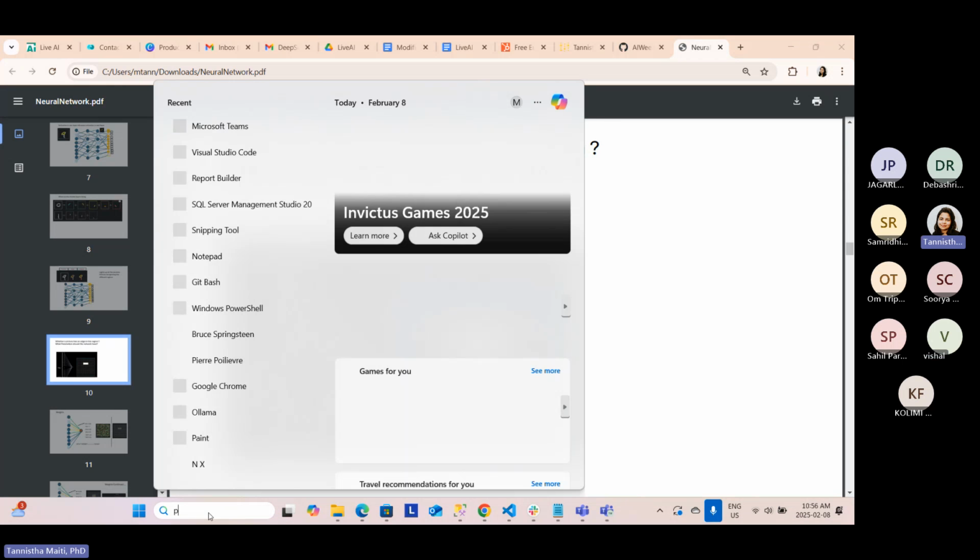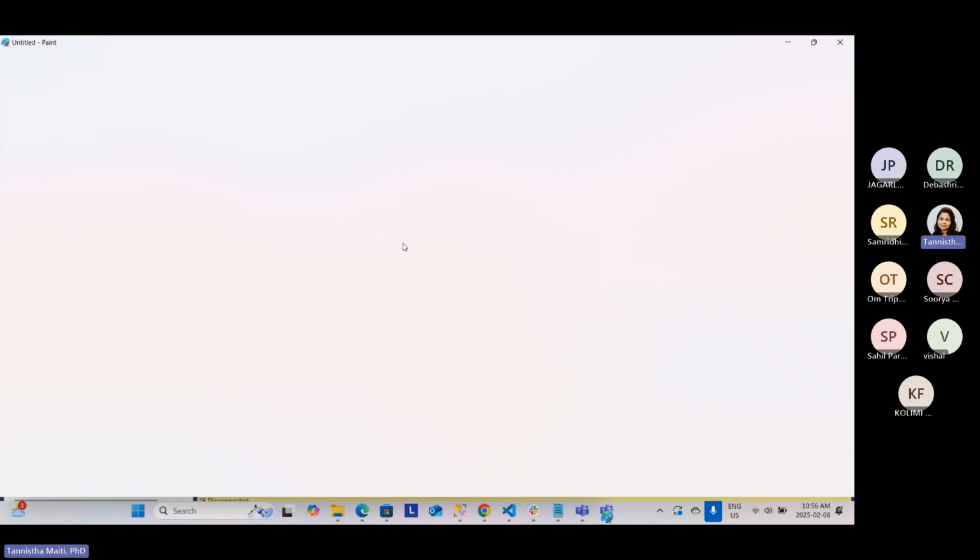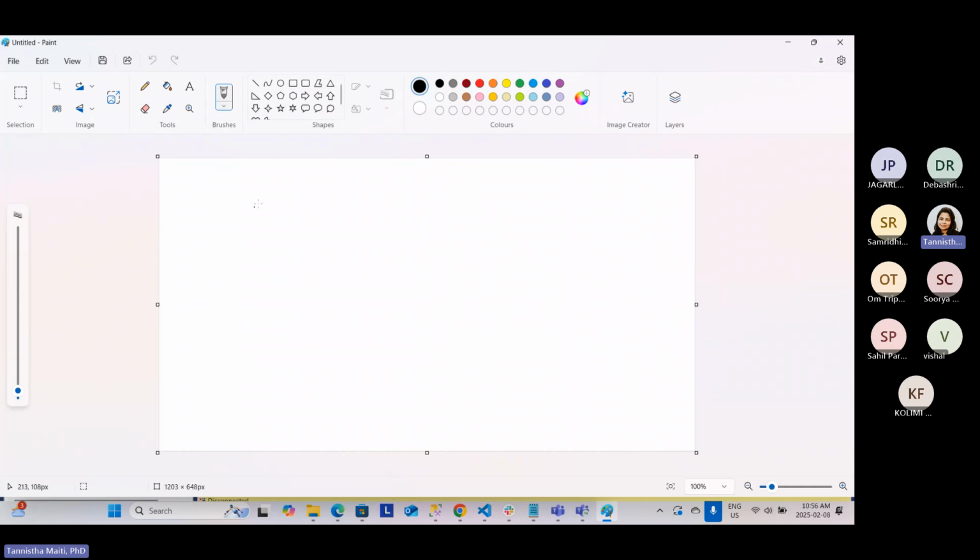Okay, so we can try to visualize this in terms of a very simple equation. Everyone knows this equation, y equals mx plus c, right? That's our linear equation.